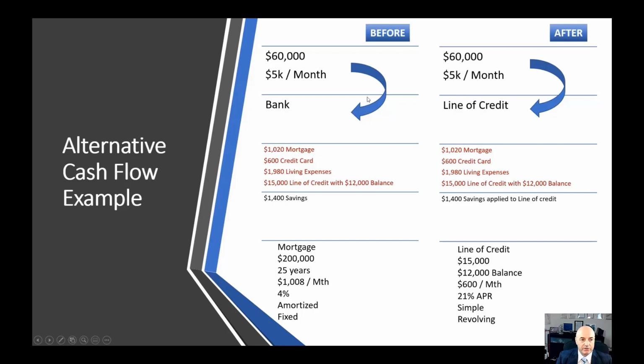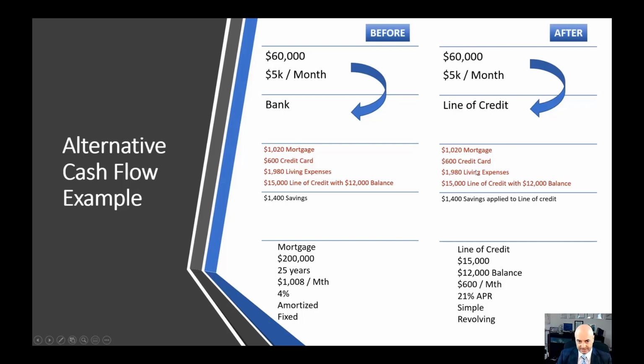Okay, so the only change I'm making is, instead of paying to the bank, you pay your salary to your line of credit, and your line of credit then pays for your expenses instead of coming from your bank. So that's the difference. Because it's going directly to your credit card, for example, you don't need to worry about that.